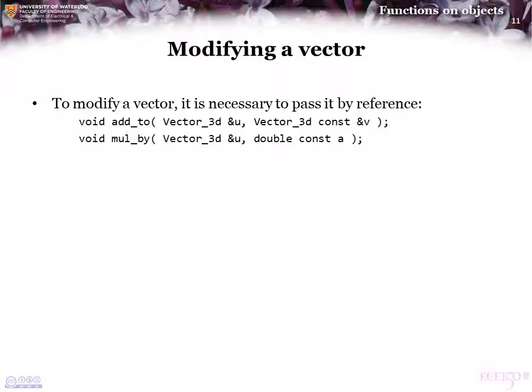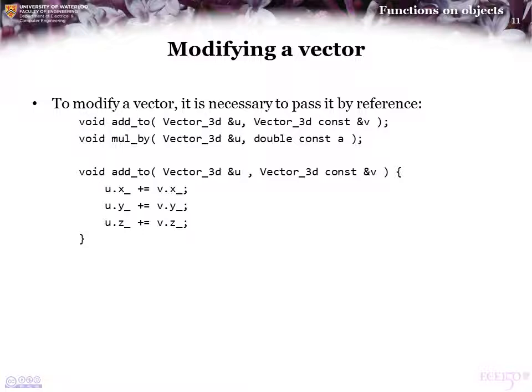Also, if we want to add a vector v onto a given vector u, or multiply a vector u by a given scalar a, again, we can pass the second argument as a constant reference, but the first cannot be. And again, we do have to pass the first by reference, as we want the original vector to be changed.